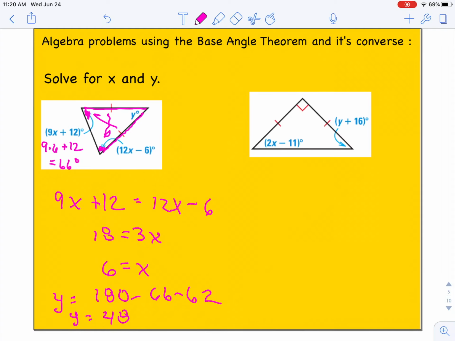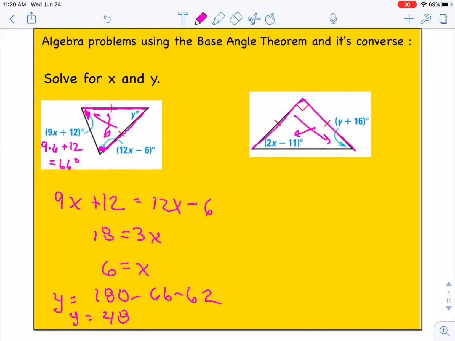In this next example, I have this side and this side as my legs. So we have these two angles are congruent. What we have is an x in one and a y in the other.